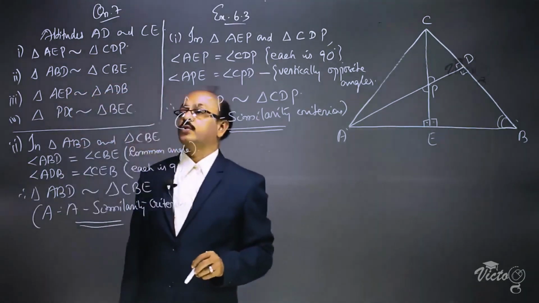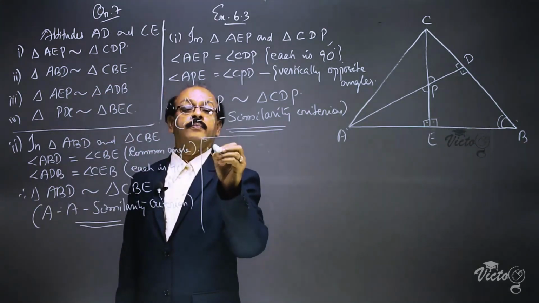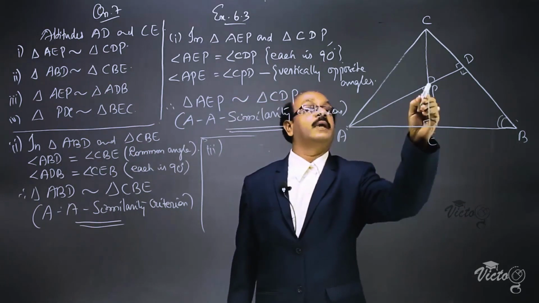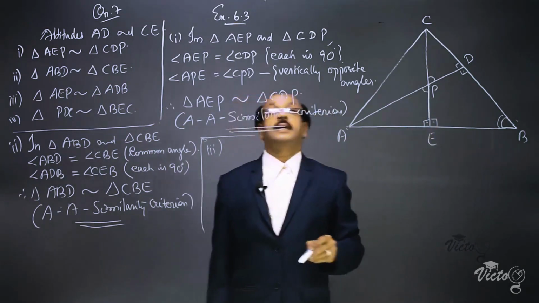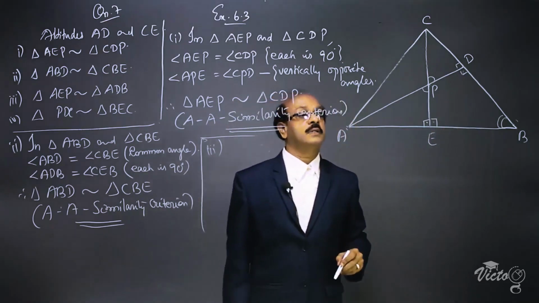Now we are going into the third part. AEP and ADB are the two triangles we are considering.